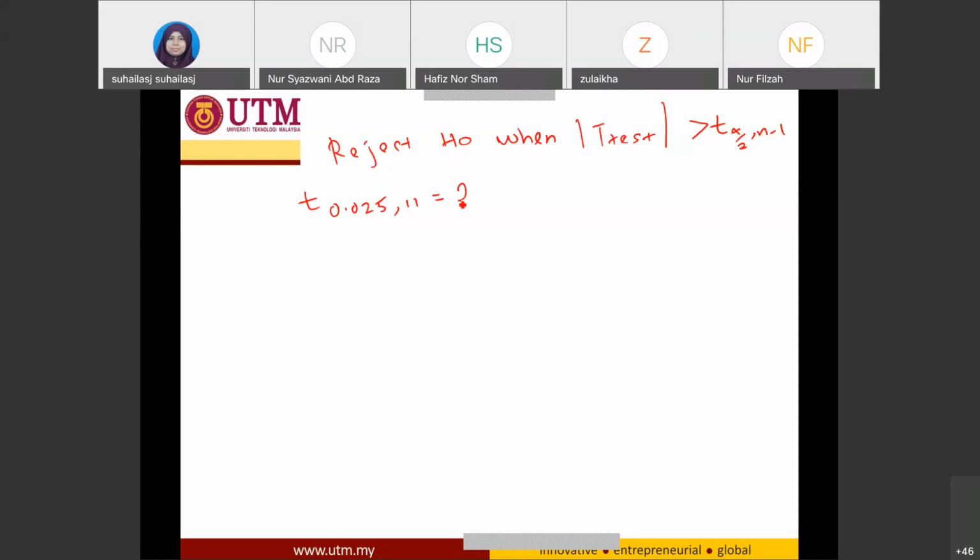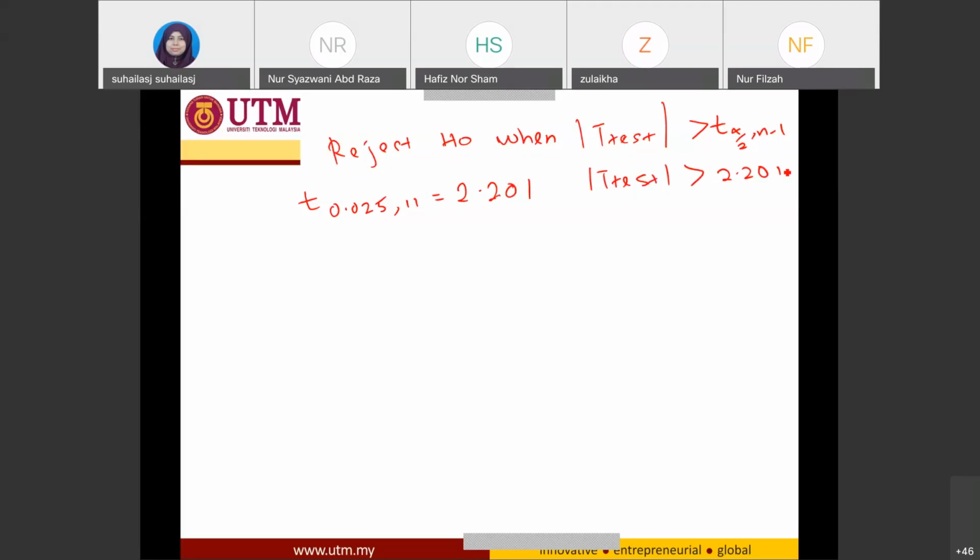Okay, you have 2.201. So that means you will reject your H0, if you want to write it long, when t-test is greater than 2.201 or t-test is less than minus 2.201. Either one is fine. Or if you want to write it back here, modulus t-test greater than 2.201.